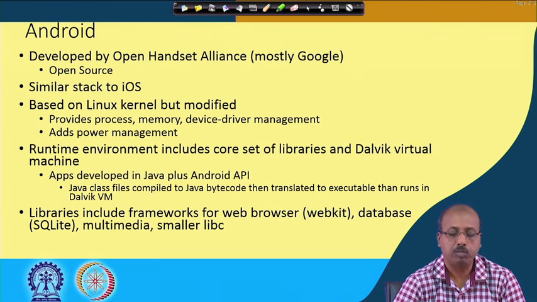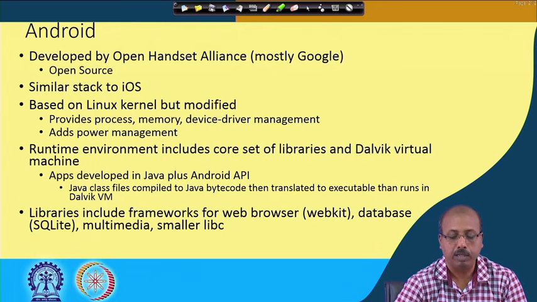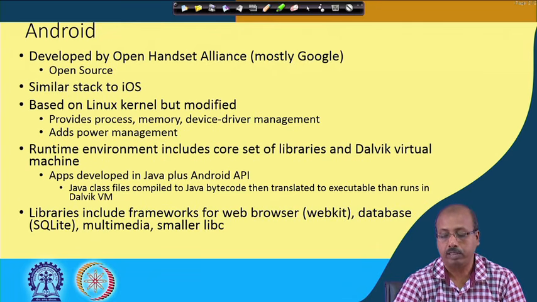The runtime environment includes a core set of libraries and the Dalvik virtual machine. Apps are developed in Java plus the Android API. Java class files are compiled to Java bytecode, then translated to an executable, which runs on the Dalvik VM. These are the standard Android development environment.